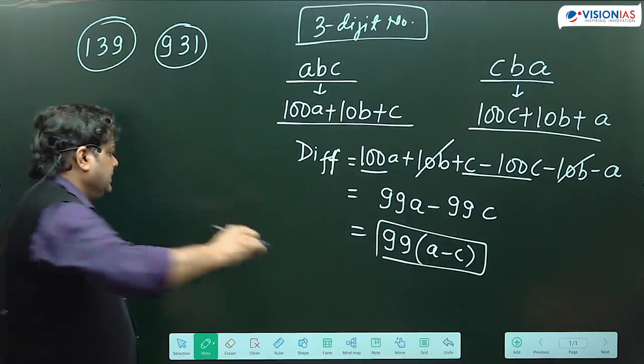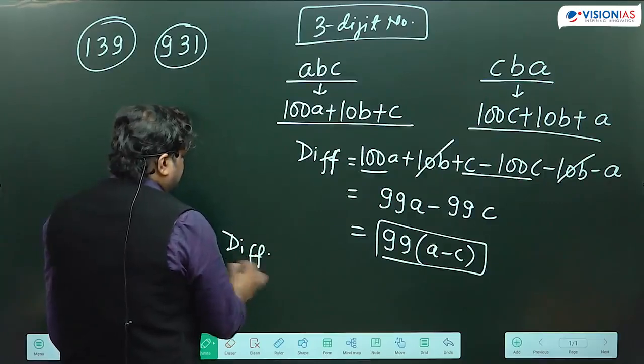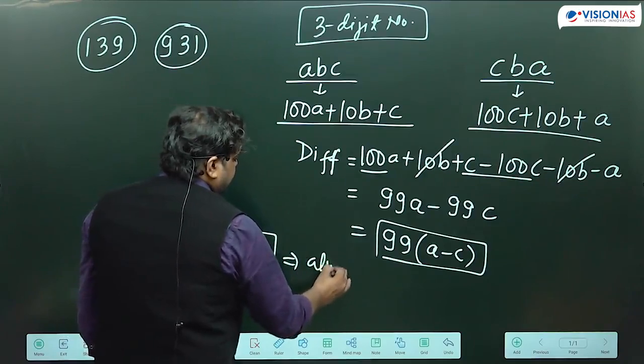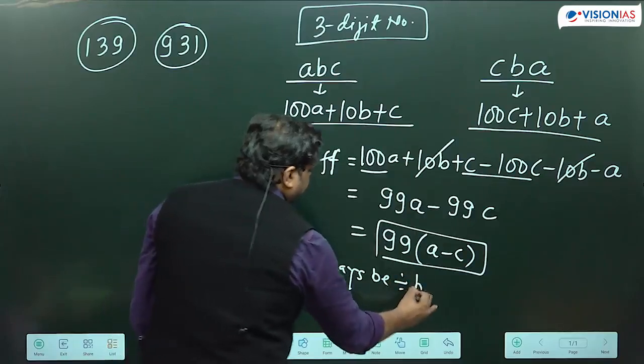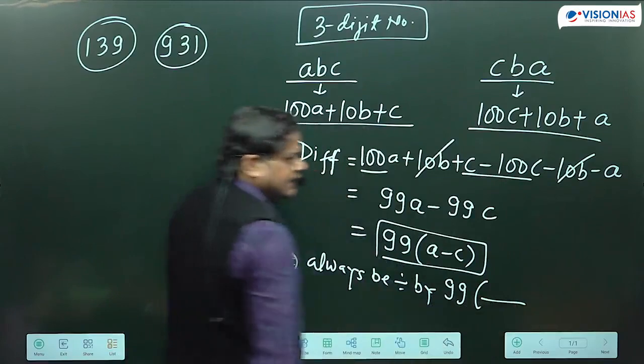That means this difference will always be divisible by 99 and the factors of 99.